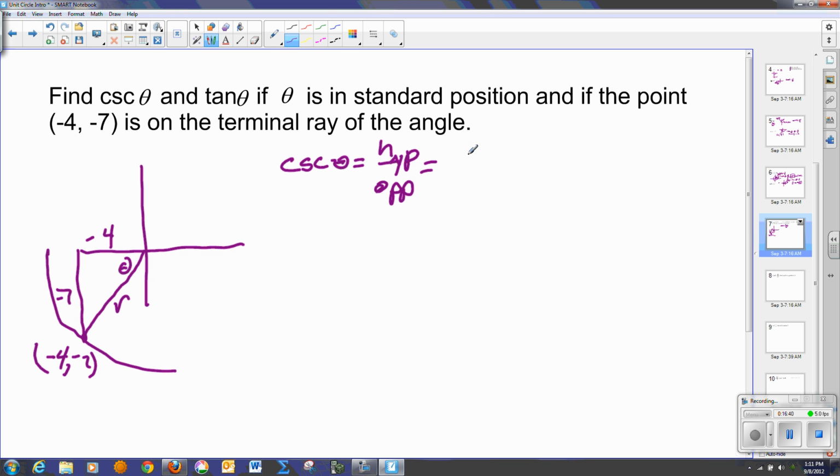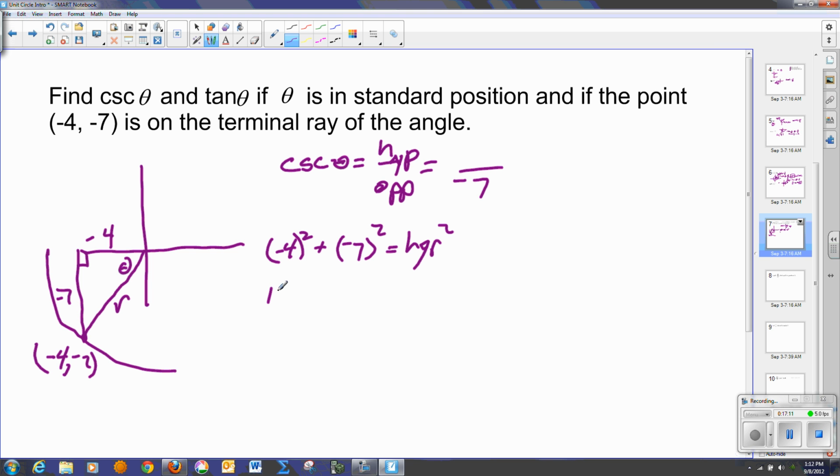And in this triangle, I actually have the opposite side. I know that's -7. I don't know what the hypotenuse is. I'm going to have to find that using Pythagorean. So I know here's a right triangle, and I have -4 squared, plus -7 squared is going to be equal to my hypotenuse squared, or my radius in this case.